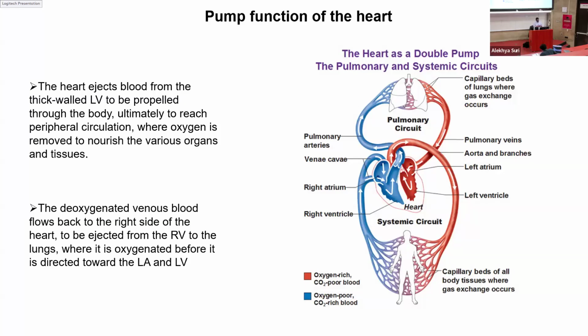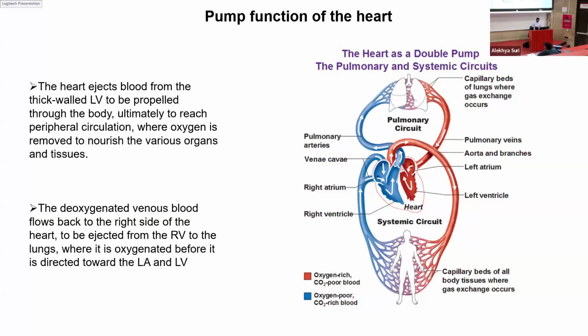So what is important here is the pump function. The cardiac muscle has to pump the blood from the ventricular chamber to the arteries to supply blood to the entire body, as well as to the lung system for purification.